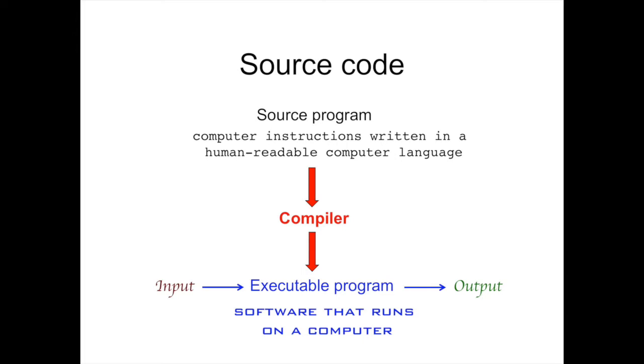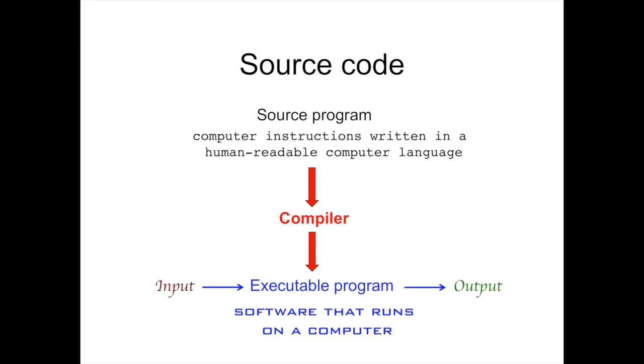So this is what source code is. Let me tell you a bit about source code. When computer programs are written, they're written in a programming language that people can read, that programmers can read, share, understand, that provide a set of instructions in a human readable form that describe what the program's supposed to do.